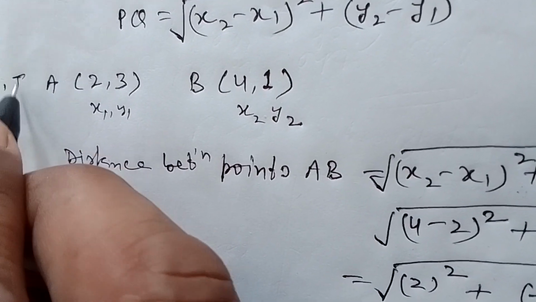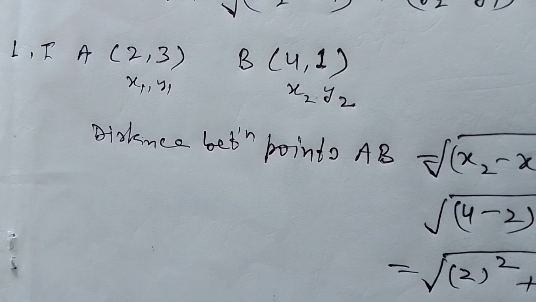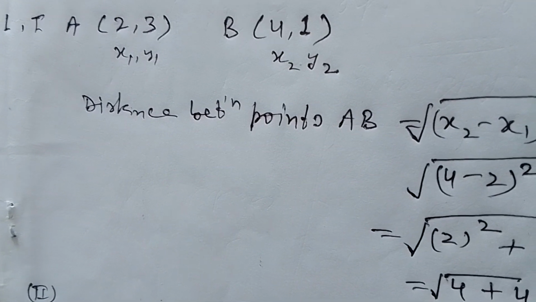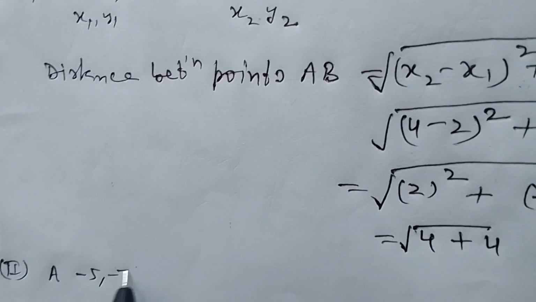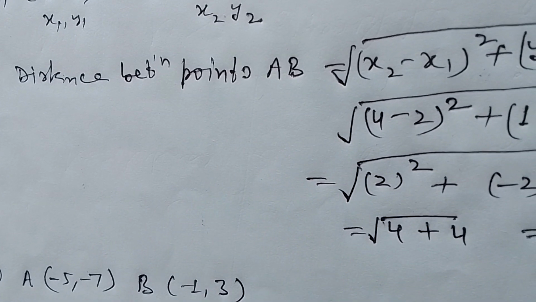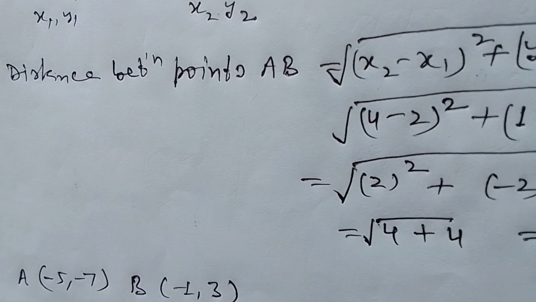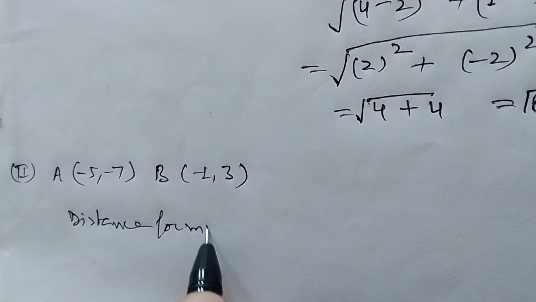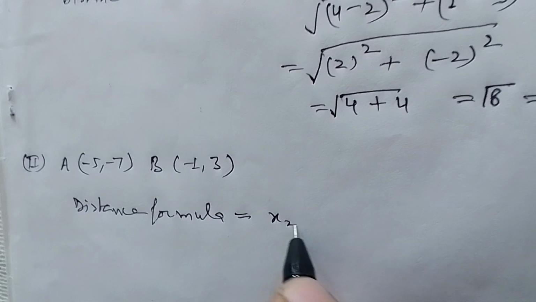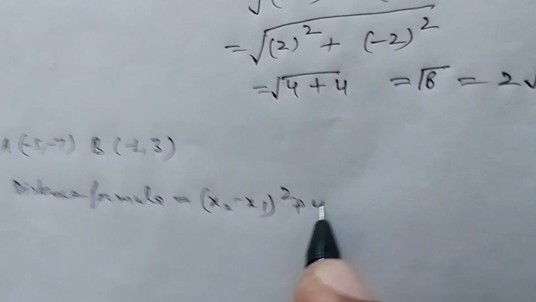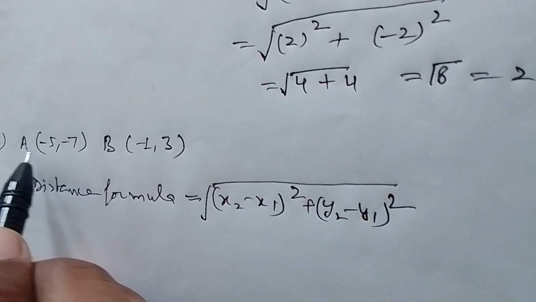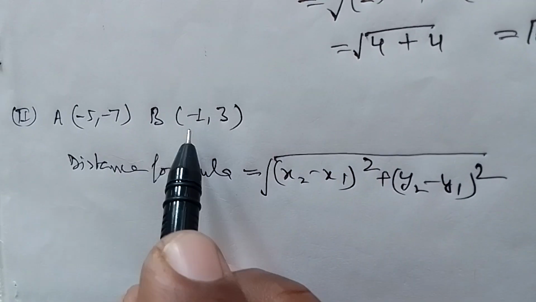Now the second pair of points is A (minus 5, minus 7) and B (minus 1, 3). So using the distance formula, the square root of (x2 minus x1) square plus (y2 minus y1) square, we consider the coordinates as x1, y1, x2, y2.